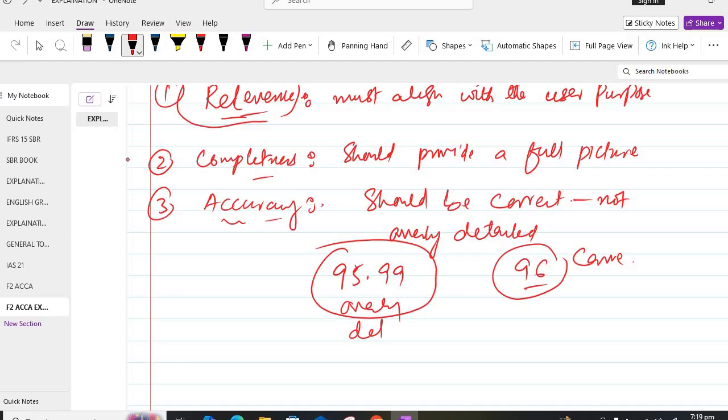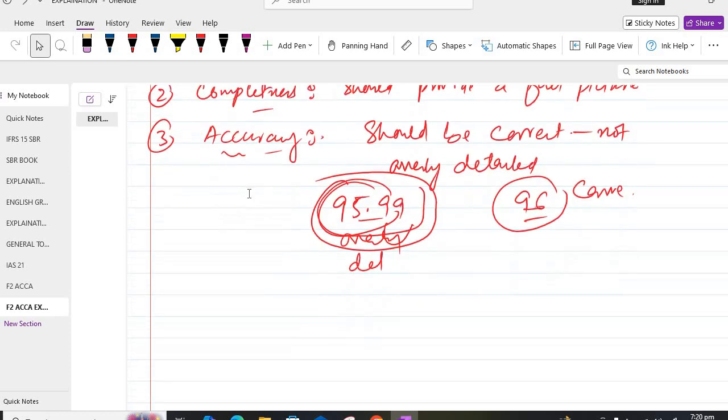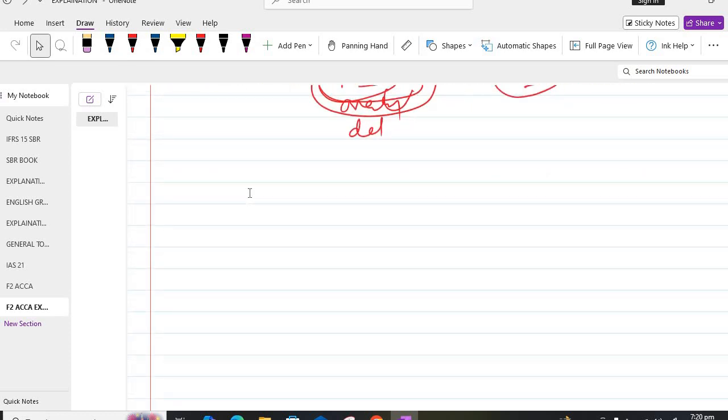That information should be correct. This information and this information both are the same, so you have just to round it to the nearest number, and the information should not be overly detailed. If you're providing an overly detailed figure, that will reduce the quality of your information. Clear?